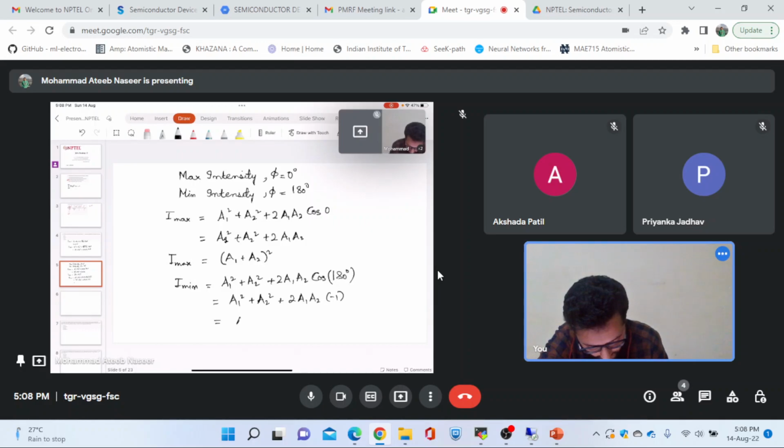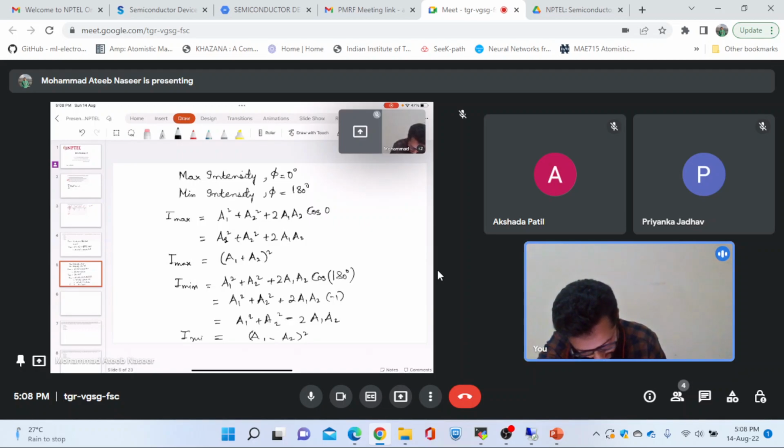So this will become A1 squared plus A2 squared minus 2 times A1 A2, or simply A1 minus A2 whole squared.